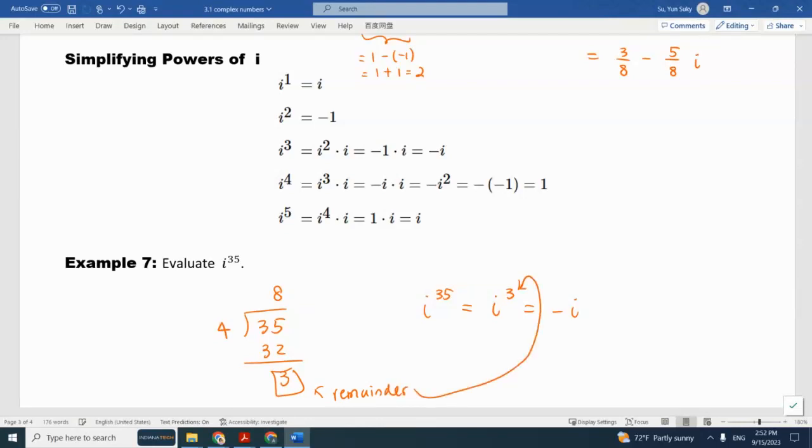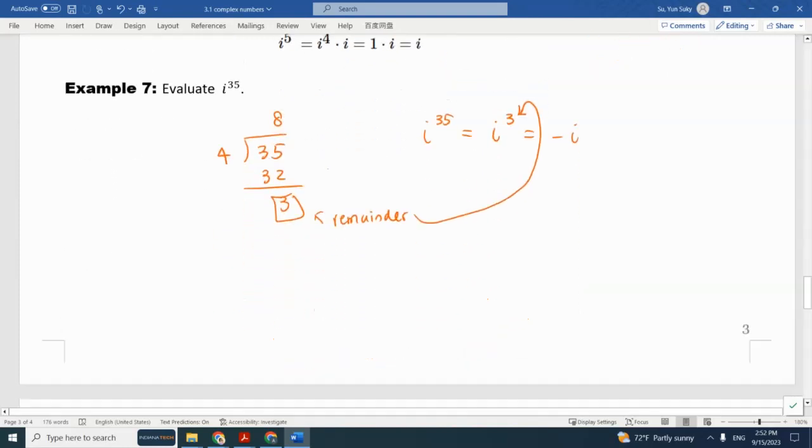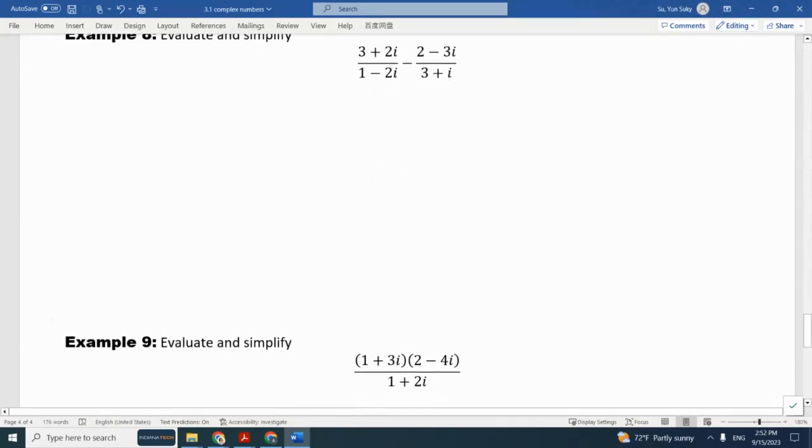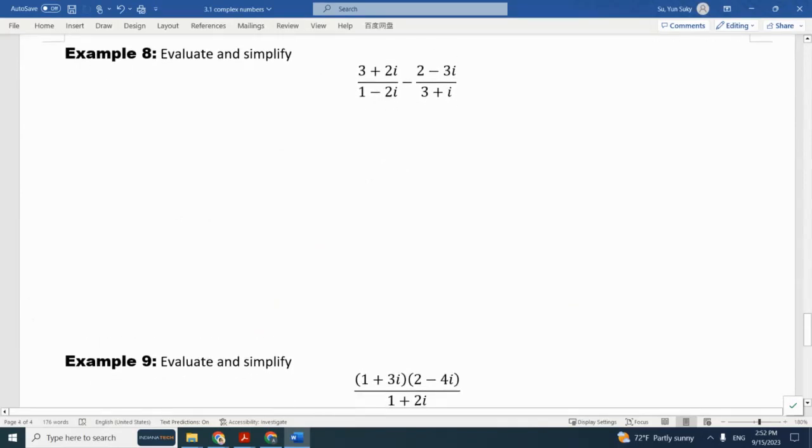Look at the remainder and then put it here. So far, so good, everybody? Okay, good. This one is example 8. I would say example 8 is harder. How do we do example 8?